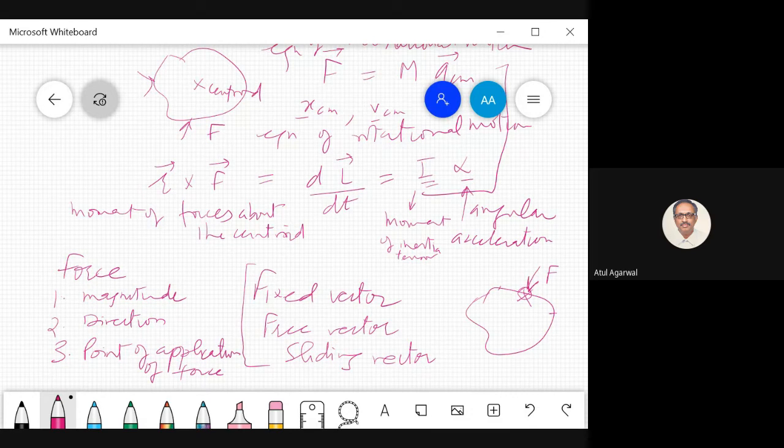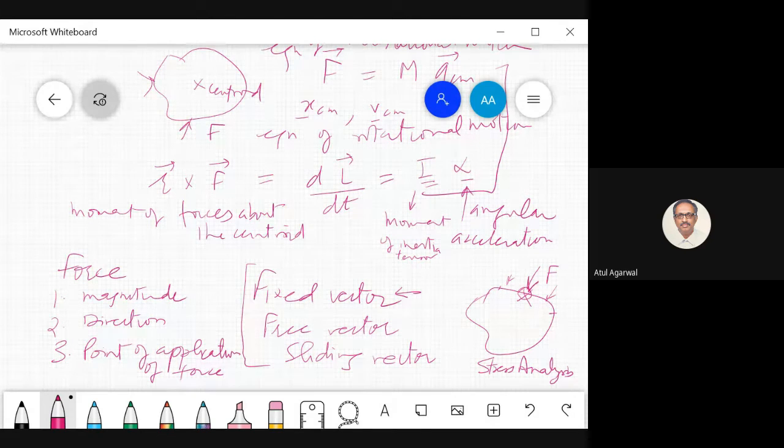So when you want to do stress analysis, then force is a fixed vector. You cannot move the force. You cannot say force is here or here. For stress analysis, you will treat force as a fixed vector. Its point of application of force is very important.